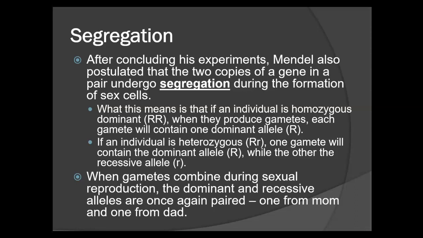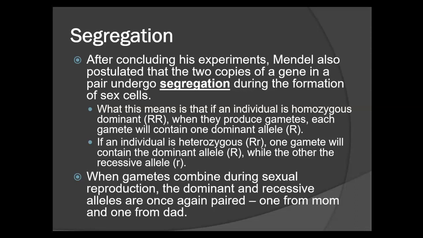What Mendel also came up with was an idea called segregation, or the law of segregation. After concluding his experiments, Mendel also postulated that the two copies of a gene in a pair undergo segregation during the formation of sex cells.